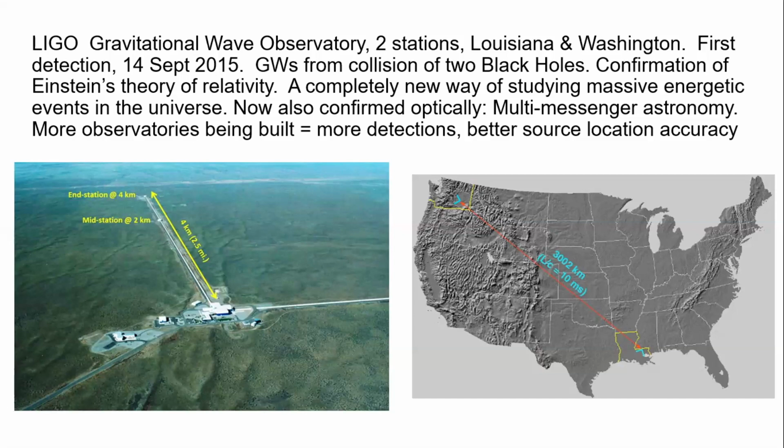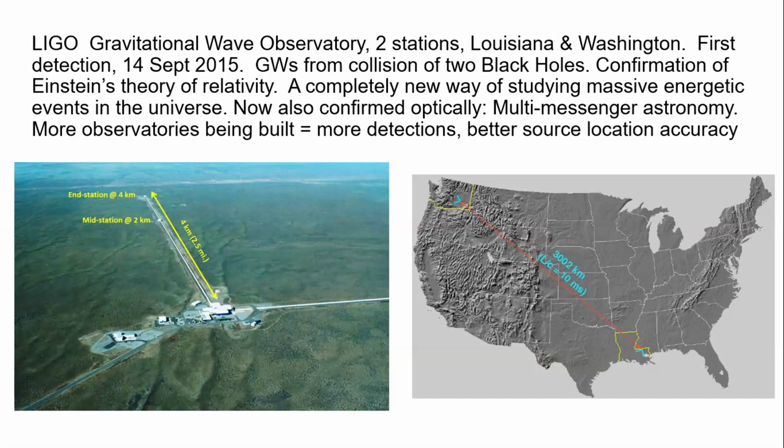And they finally managed to detect them with LIGO, the Gravitational Wave Observatory, 2 stations, one in Louisiana, one in Washington. It's a long story, but basically by detecting the tiny, tiny distortions in space-time, because they're very, very small by the time they reach us from these distant objects, by detecting it simultaneously from the 2 stations, and again, not exactly simultaneously.